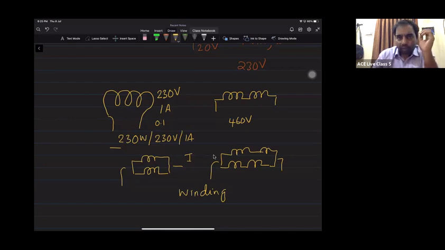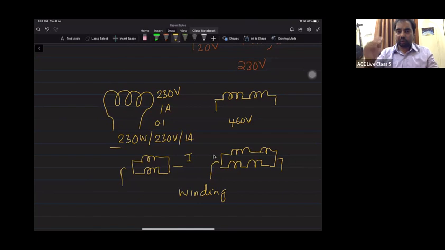So if anyone asks you what a winding is, winding is nothing but series and parallel connection of coils. A coil is nothing but a series of turns. A turn is nothing but two conductors which are placed 180 degrees apart. Is this point clear? Confirm me, all of you.